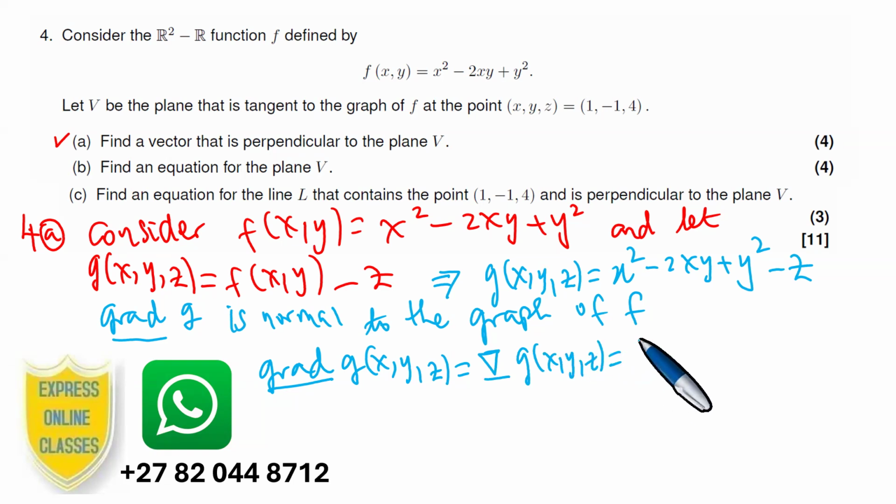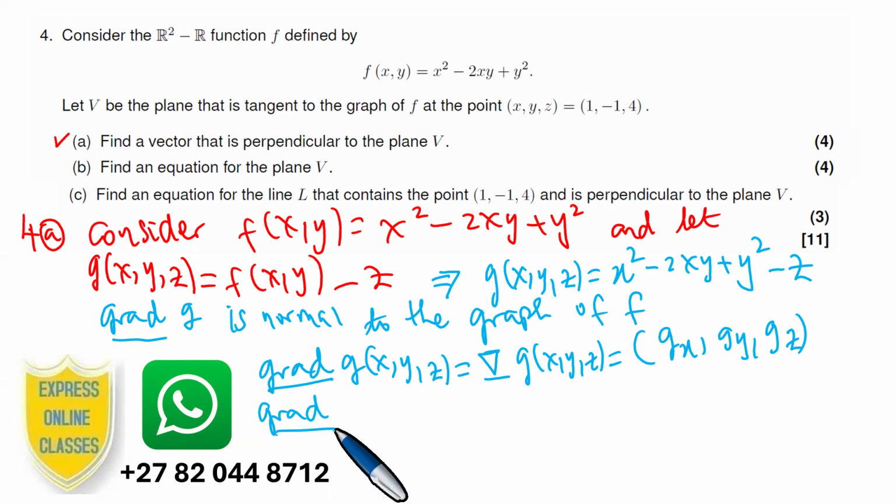As a consequence, this gradient of g can be seen as g_x, g_y, g_z, meaning the partial derivatives of g. So you differentiate g with respect to x.